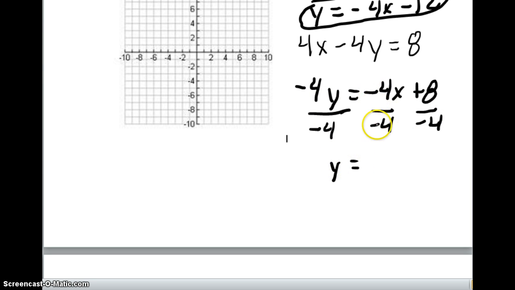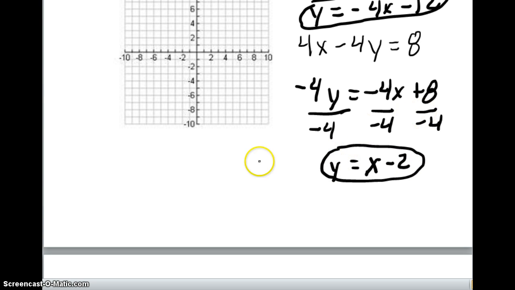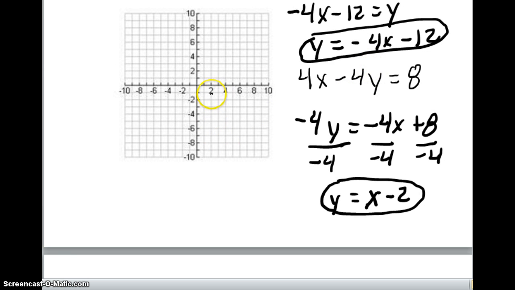Negative divided by negative is positive, 1x. And positive divided by negative is going to be a negative 2. So you'll also plug this into your calculator, and you'll find out that your solution is negative 2, negative 4.